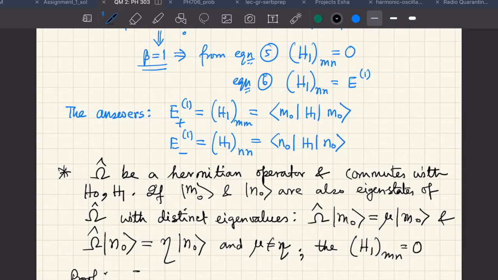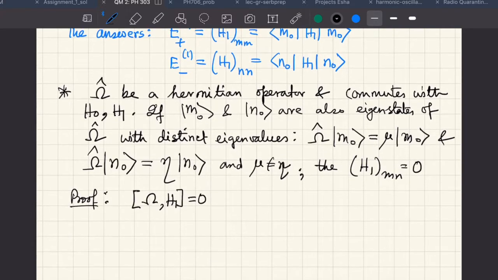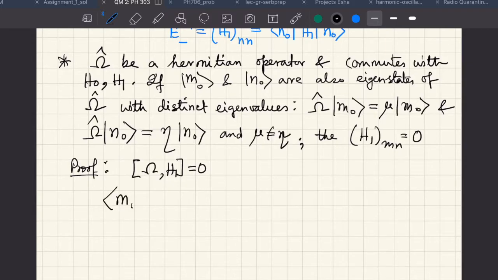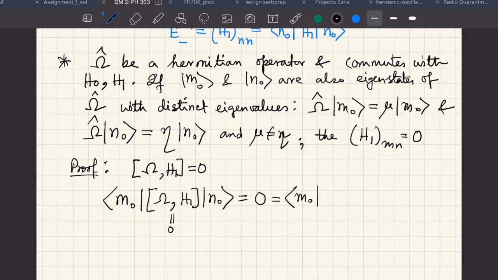So we said that our assumption was that the commutator of omega and H1 should be equal to 0, and if we look at the matrix element m0, commutator of omega and H1, n0, then immediately it is 0 because this commutator is 0. But if we break this, we have terms like m0 omega H1 n0 minus m0 H1 omega n0.